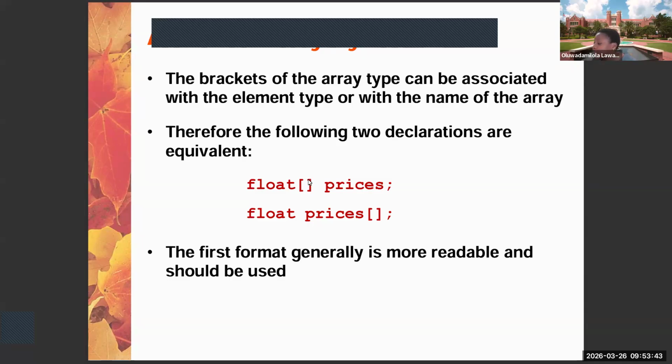So you can either put it in the middle like this, or you put it at the end when declaring. The two work the same way. However, the first type of declaration is the generally, widely used when we're declaring our array.